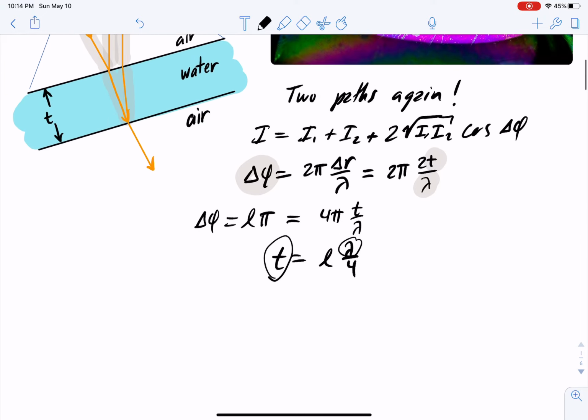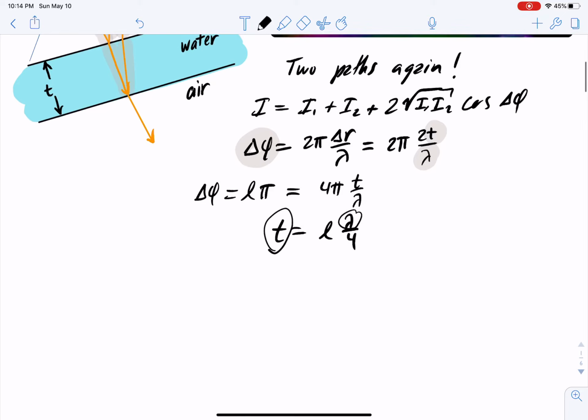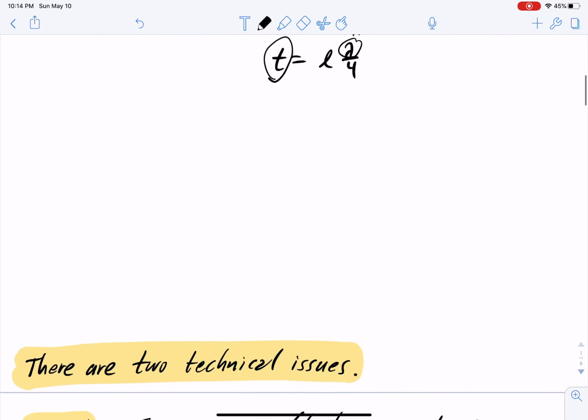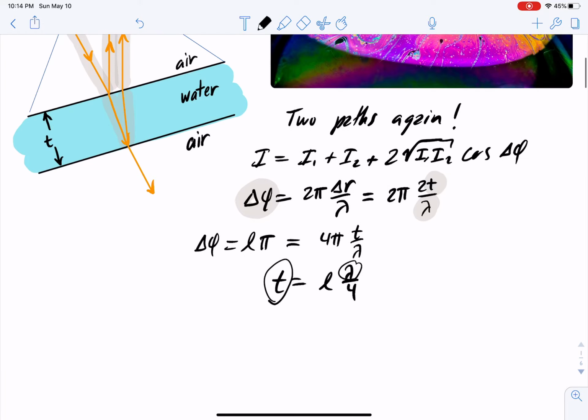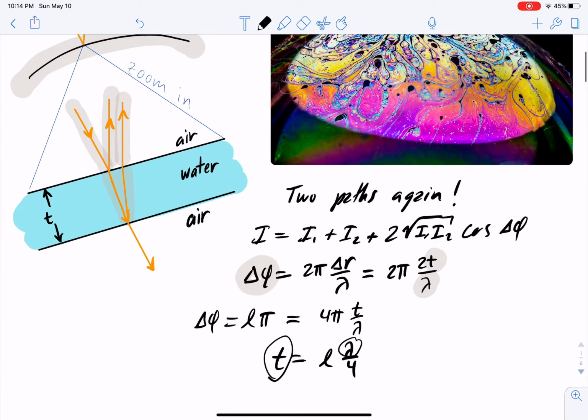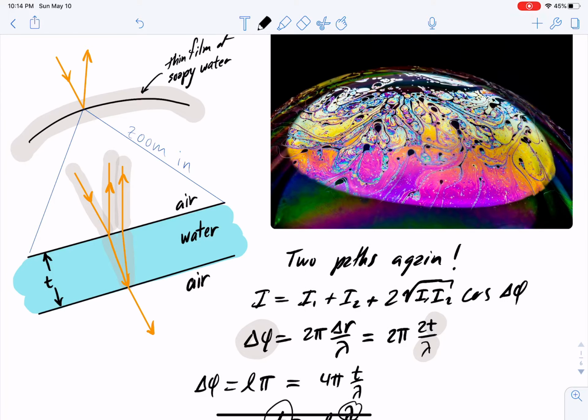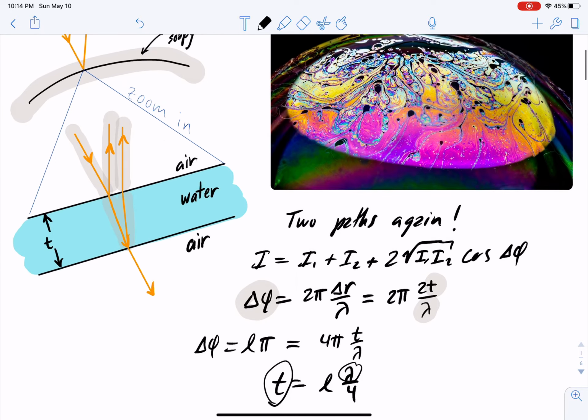There's two technical issues with this. The first is a problem in this formula that's important. Now you might notice up at the top of this bubble here, it looks completely black. In other words, there's nothing reflected. And that's where the bubble is very thin. I'll show you another example in just a second, but you can see it here already.